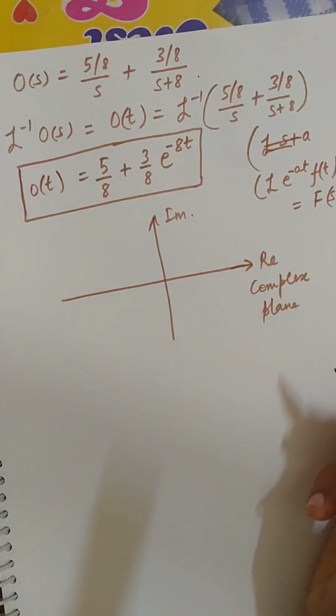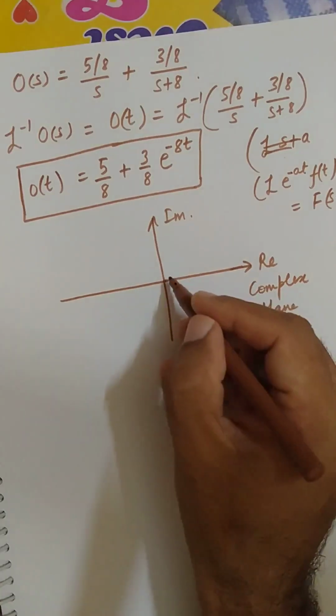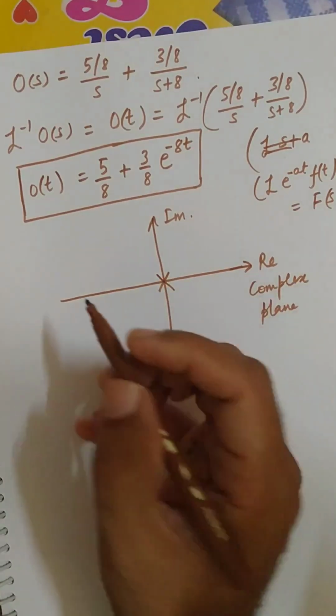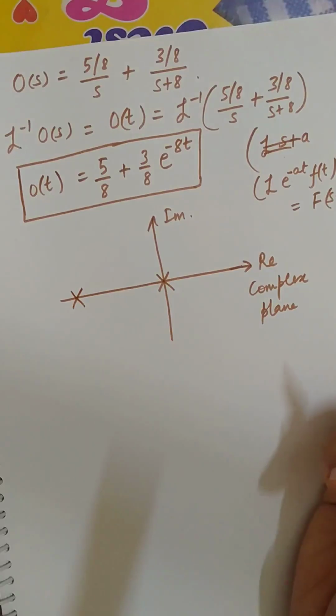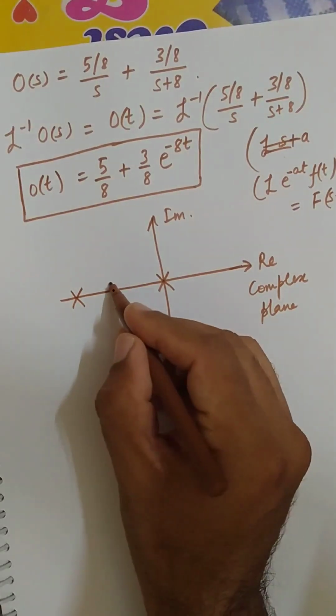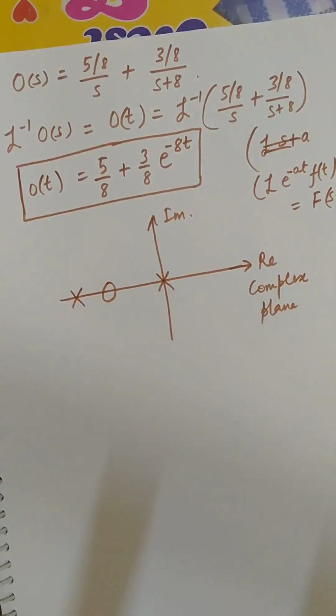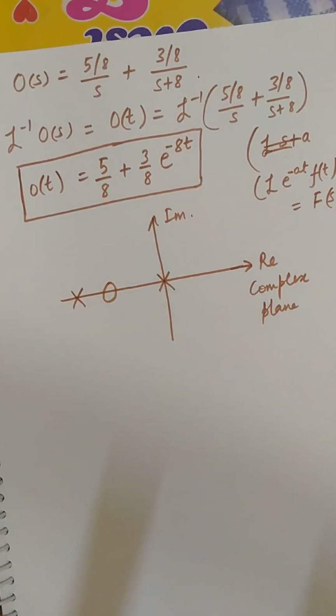So the system poles were at 0 and at minus 8, and the system zero was at minus 5. Now how would the system response look like? It's a unit step response. I think this video is already long, so we'll analyze that in the next video.